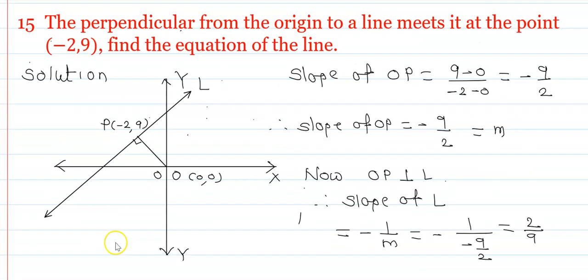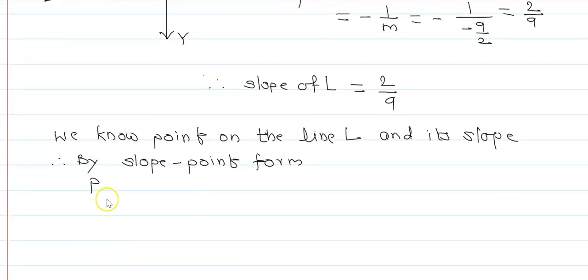The coordinate of the point P is minus 2, 9, and slope, okay, slope of L is equal to 2 upon 9.